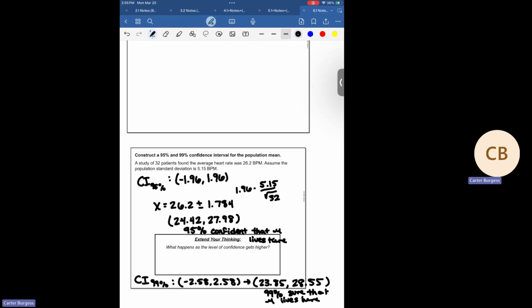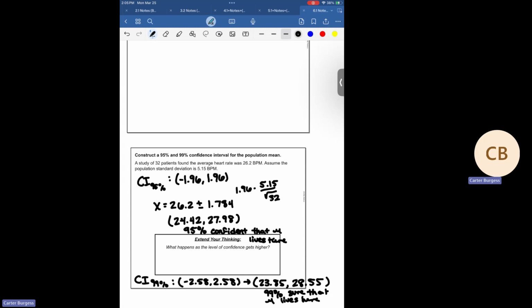Yeah, we have a bigger range for 99%, which tracks with what we observed earlier. The idea that I forfeit precision, I forfeit accuracy to gain confidence. So in order to go from 95% sure to 99% sure, I have to accept more values. I have to loosen the restrictions that I have. I have to zoom out a little bit in order to do that.